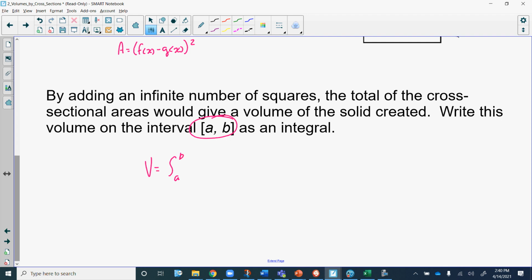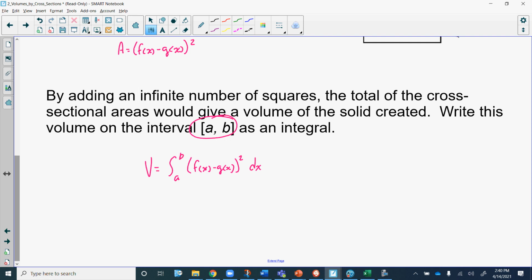And in this case, we're going to just take what we had here for the area. I would say the area would be the integration of f of x minus g of x, or whatever the side happens to be, quantity squared dx. And that's how we would start using integration to be able to figure out what the volume is.